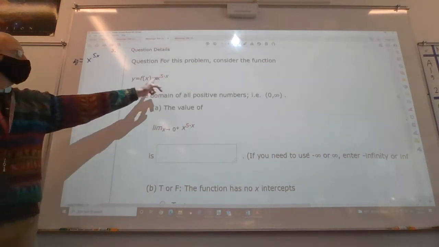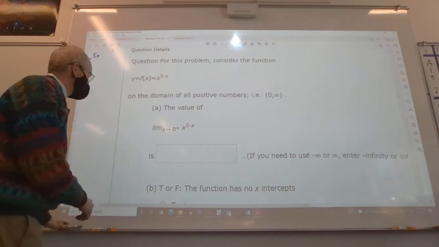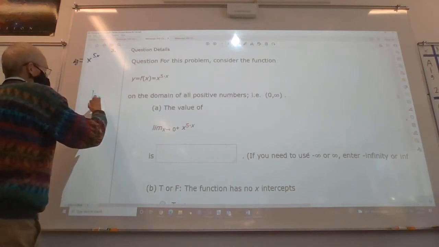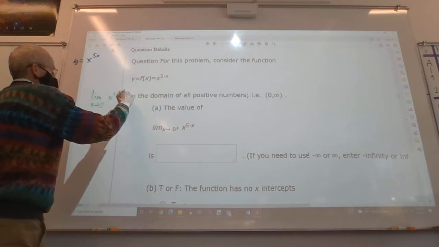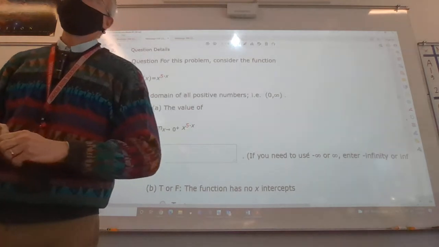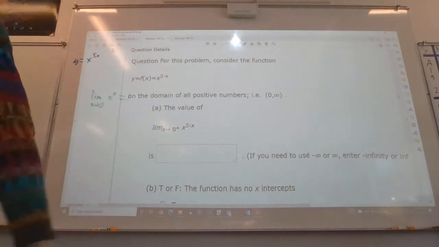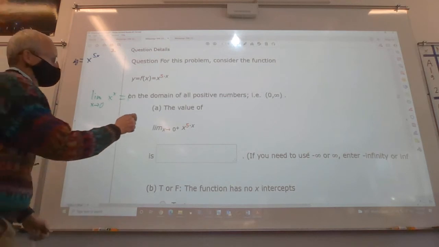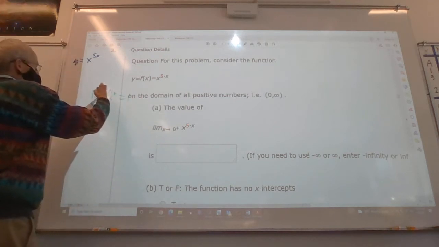We've already shown that the limit as x approaches 0 of x to the x is equal to 1. But now we want x to the 5x. Is it still 1? Or is it maybe 5? It would be 5 if there was a 5 in front of it.